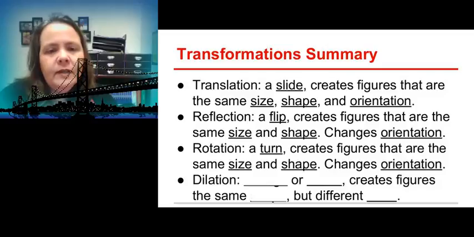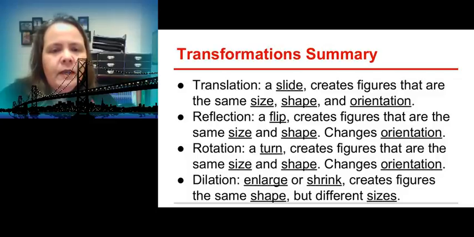And orientation, guys, just means how it is situated in the plane. Like if A was at the top and B was at the bottom and C was over to the right on the triangle, then if I reflected it, it's going to change that. Or if I rotated it, it's going to change that position. And if you look back at the rotations and reflections, you will see that their positions are changed. And a dilation is an enlargement or a shrink. It creates figures that have the same shape but different sizes.